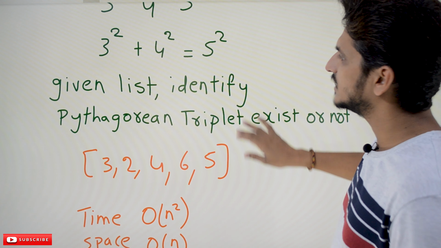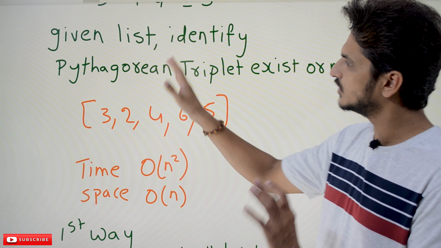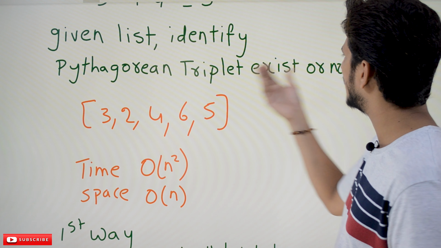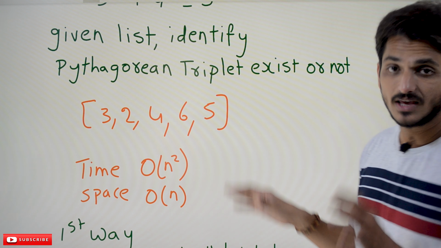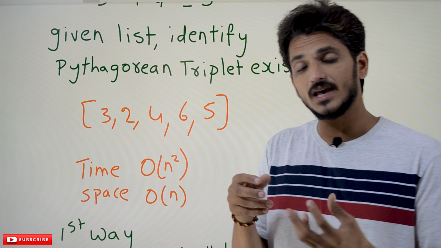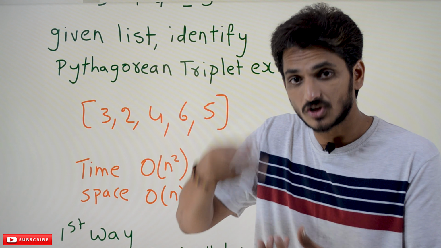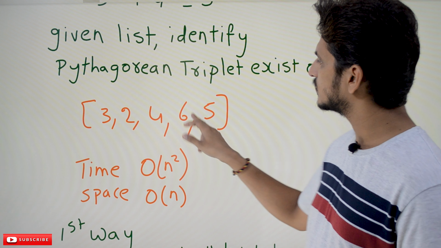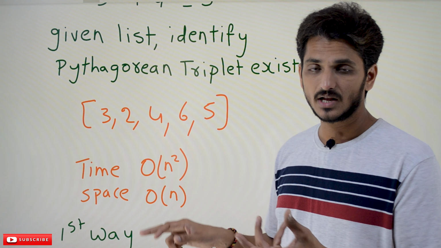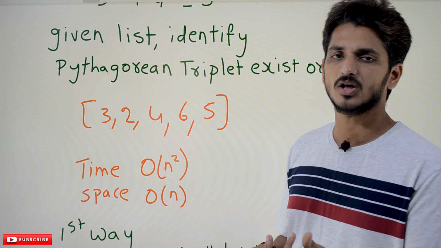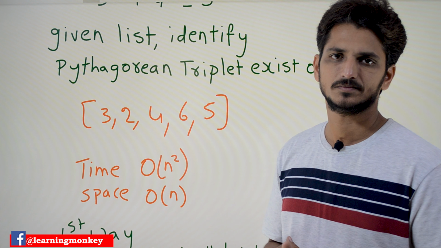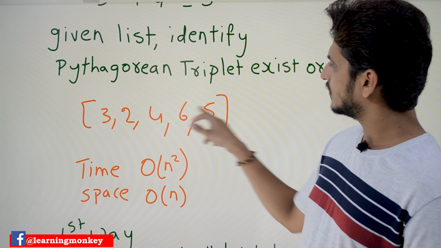So the question here is, they are going to provide you a list. We need to identify whether a Pythagoras triplet exists in the given list or not. Example: 3, 2, 4, 6, 5. In this list, we need to identify whether a Pythagoras triplet exists. If it exists, we display yes, otherwise display no. 3, 4, 5.